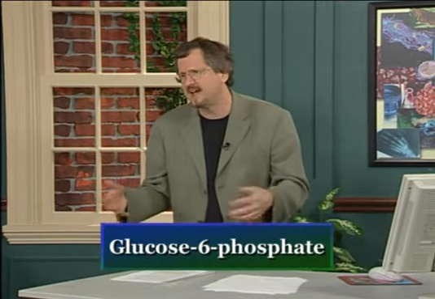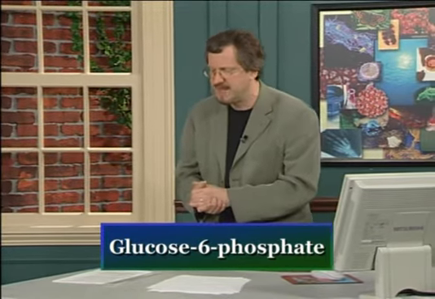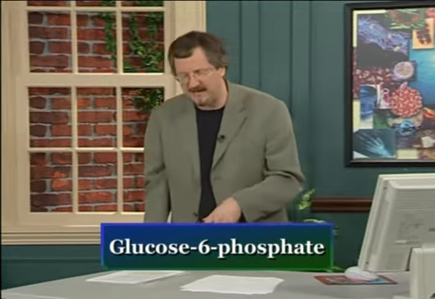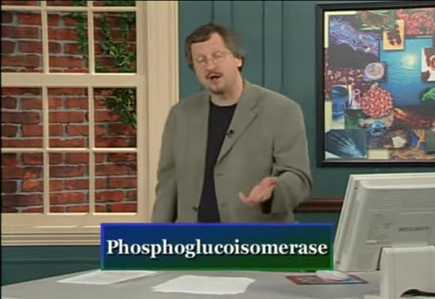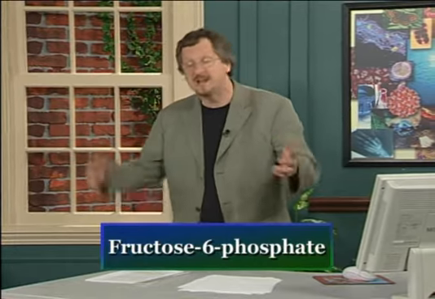For example, the first reaction of glycolysis is catalyzed by an enzyme called hexokinase. Hexokinase acts on glucose as a substrate and yields a modified form of glucose called glucose 6-phosphate. Actually, it's added a phosphate group to this glucose. The second reaction is catalyzed by another enzyme, phosphoglucoisomerase, which yields a product called fructose 6-phosphate, and so forth.